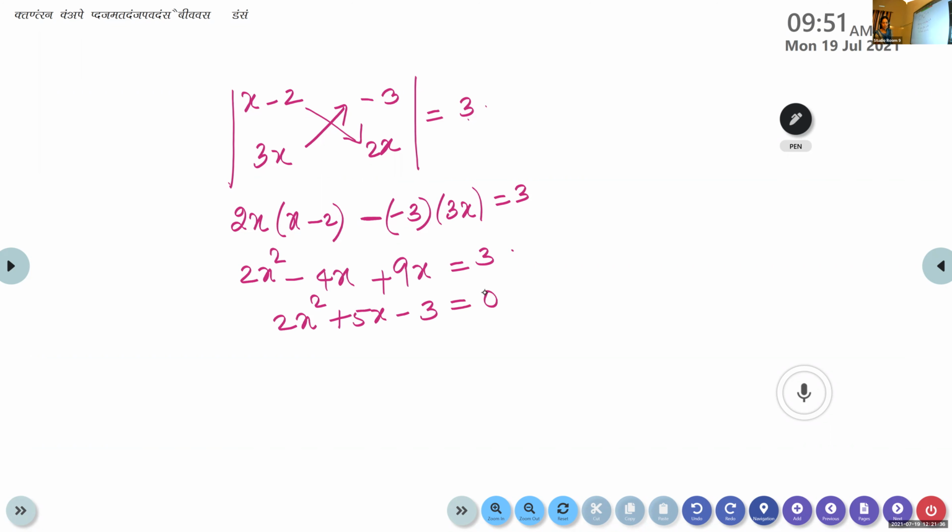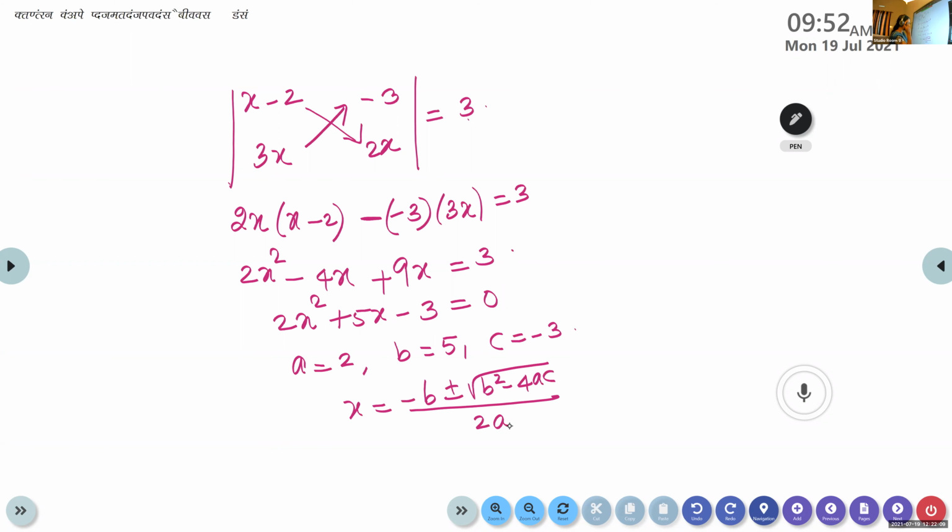So we get one quadratic equation. You can solve it either by factorization or by the quadratic formula, splitting the middle term. If I use the quadratic formula, here a is 2, b is 5 and c is minus 3. The formula is x equals minus b plus or minus root of b square minus 4ac by 2a. Apply the values, find out and give the value of x.